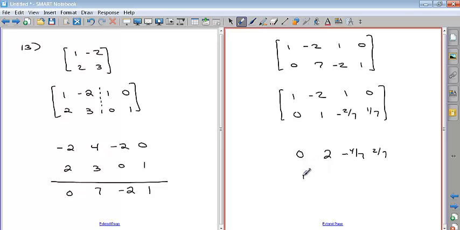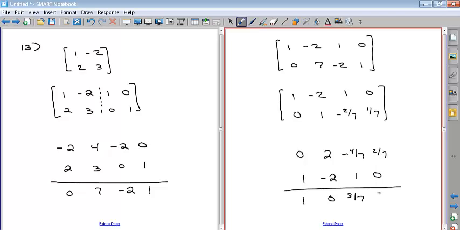Okay, then you add that to the first row, like that. So 0 plus 1 is 1, 2 plus -2 is 0. That was the whole purpose of doing what we did to the second row. You add these two together, you get -4/7 plus 1/7, which is 3/7. Actually 7/7 minus 4/7 is 3/7.